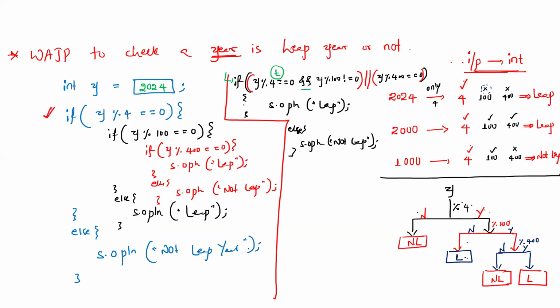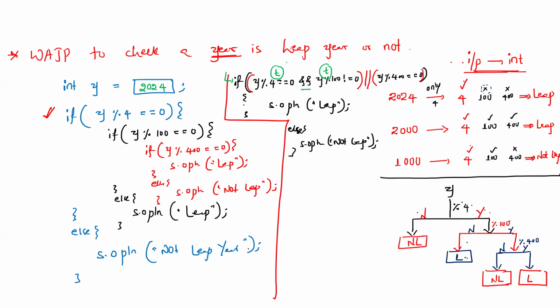Because of the AND operator, only based on the first one we will not get the conclusion in the AND table. Both, the second one also. That's why this will be checked. And 2024, when we divide with 100, it's not 0. Remainder is not 0. True or false? True. Any confusions, please? Remainder not 0 we are writing. That's why true. So when both are true, then the OR operator is there. Will it go for the next one?